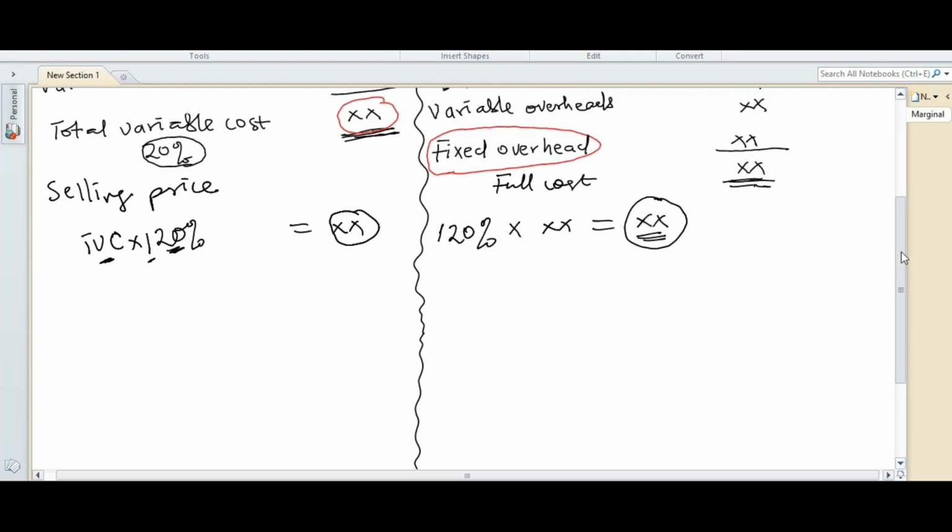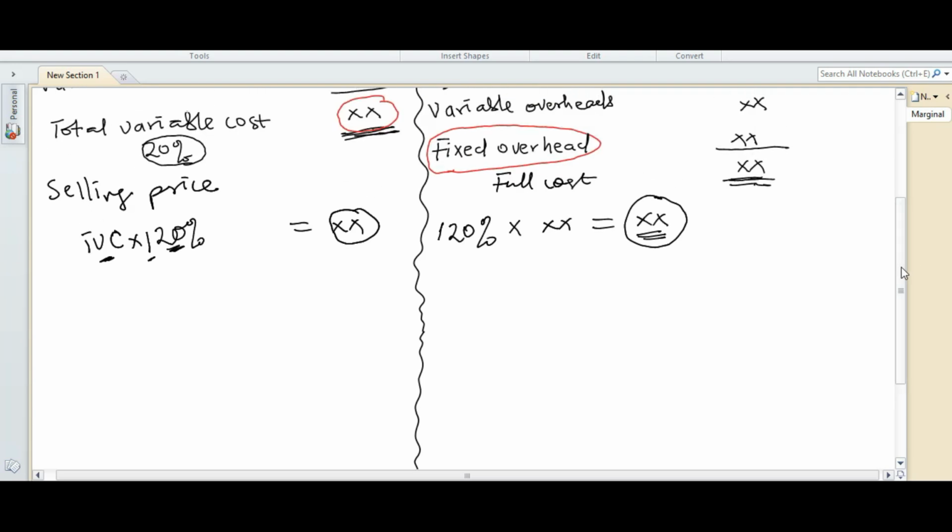Now, how do we calculate the fixed production overhead? The question will be specific. The question will tell you what to do. So this is the formula for getting the fixed overhead absorption rate. It should be equal to the budgeted overhead divided by the budgeted absorption basis.